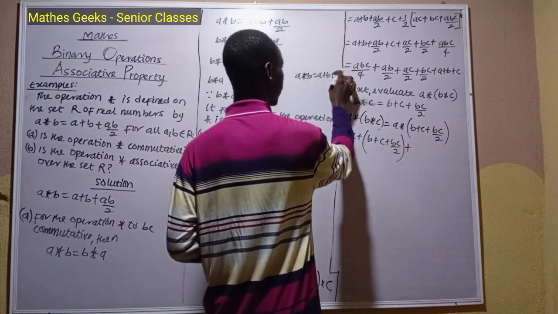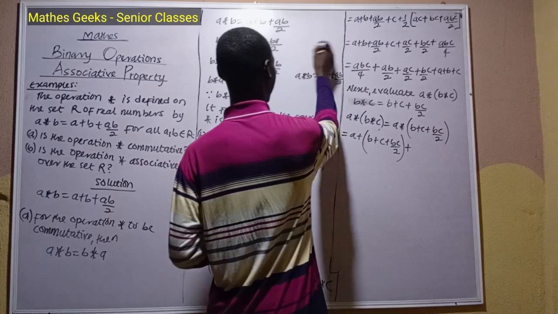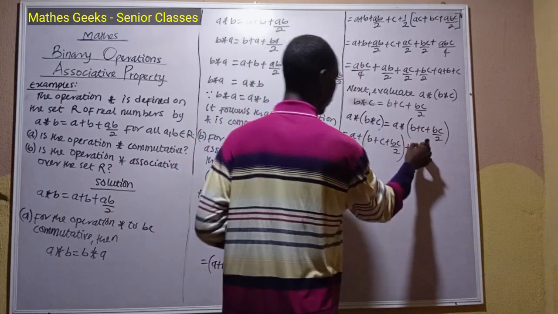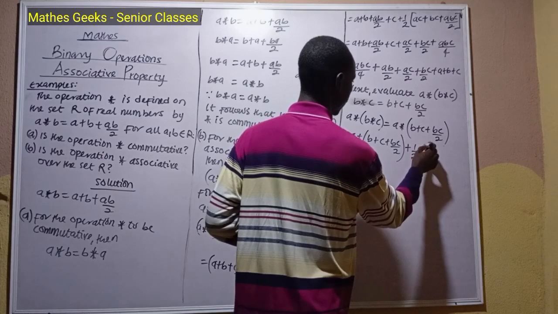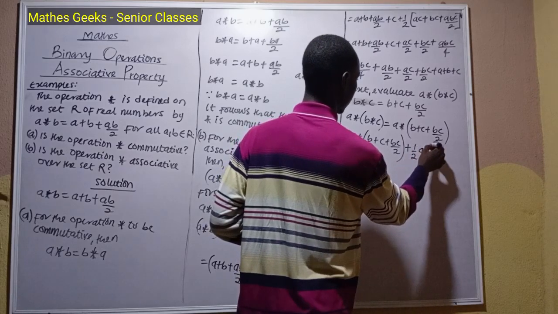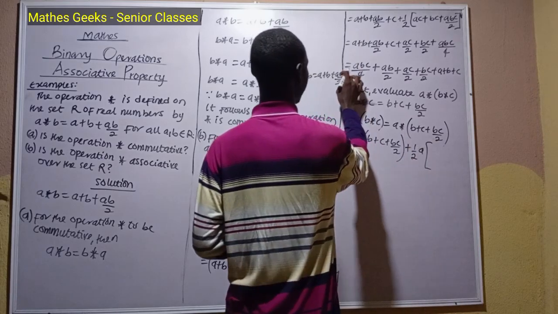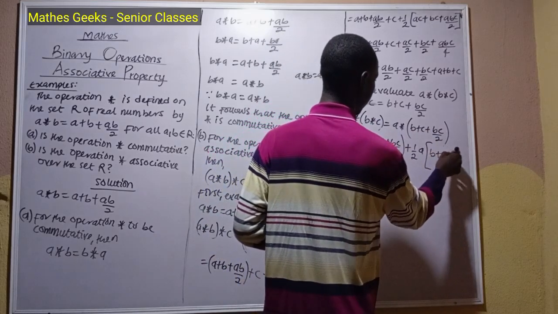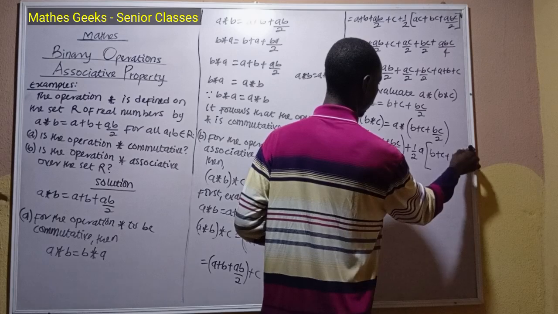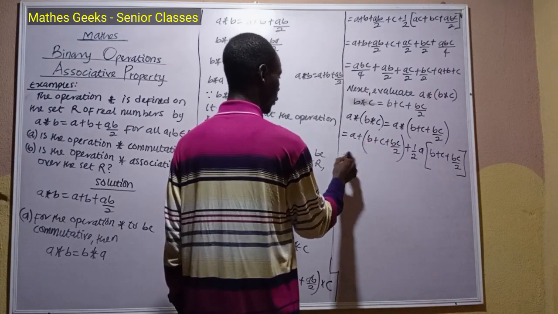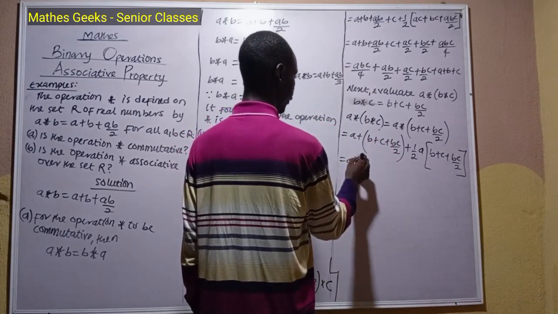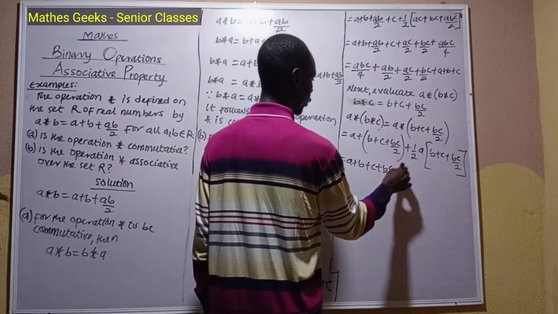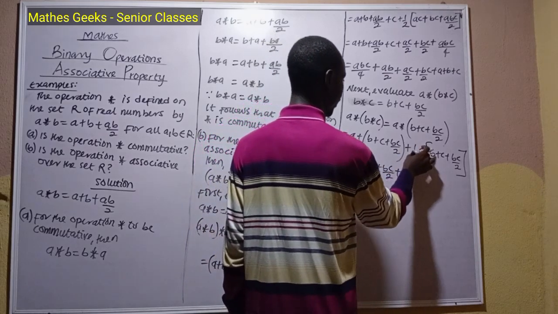Now because we have AB over 2, where B will be equal to all of this, we're going to bring this 2 out, and it goes 1 over 2 A, 1 over 2 A. Now B here is B star C, which is all of this, so we got B plus C plus BC over 2. So A plus, open our bracket, B plus C plus BC over 2. Now 1 over 2 A, that's A over 2.